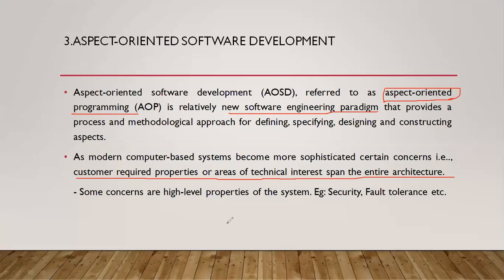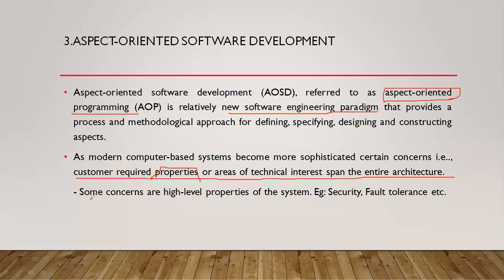He may request a language also, please develop my project using Python itself. Like that, he gives some special required properties or special requests. So what are those? We'll see what requirements he needs.